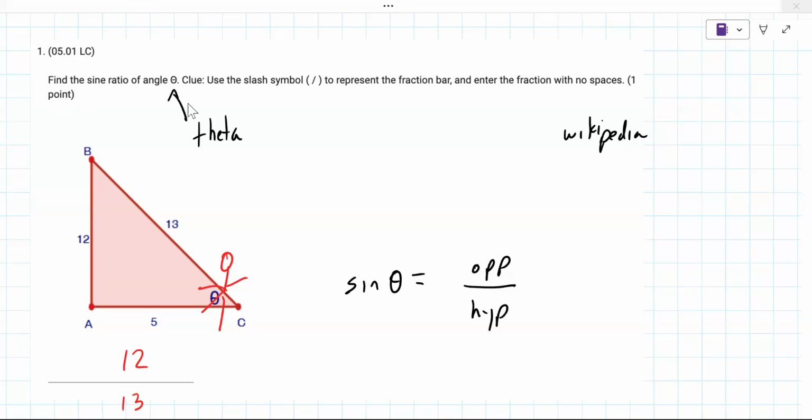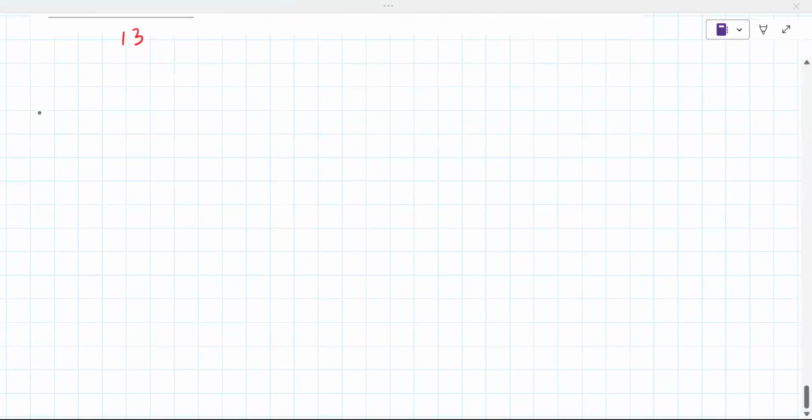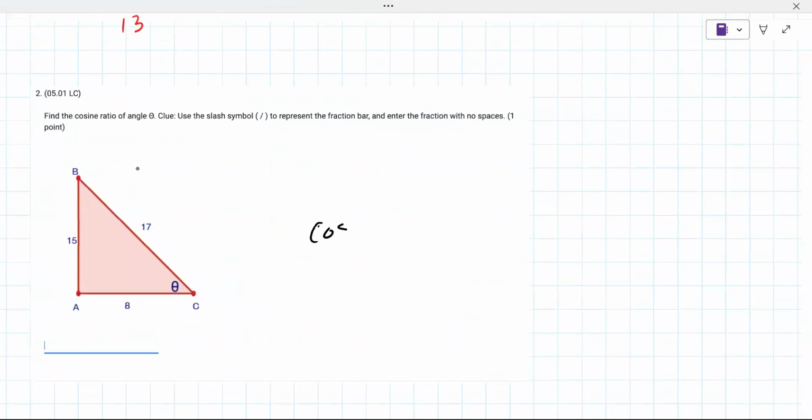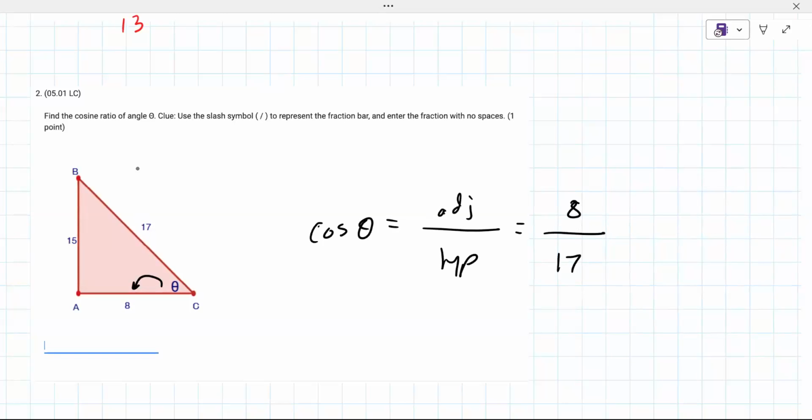Cosine is adjacent over hypotenuse. Oh, the question I was talking about is in the chat. Okay, I'm sorry, they looked the same. All right, so cosine of theta is the adjacent over the hypotenuse, and the adjacent is 8 and the hypotenuse is 17.